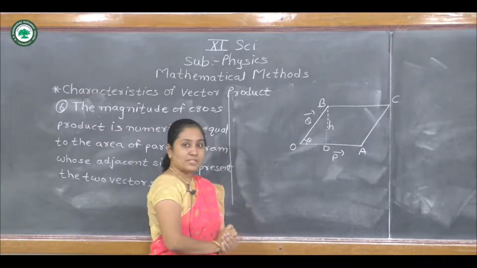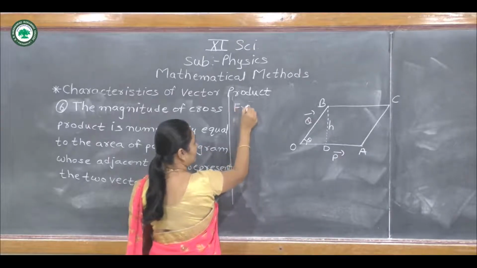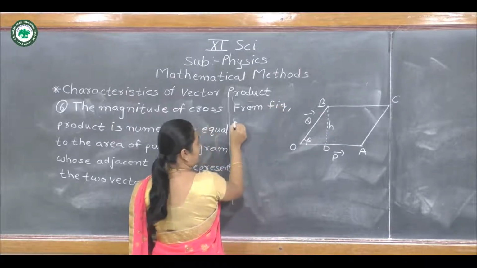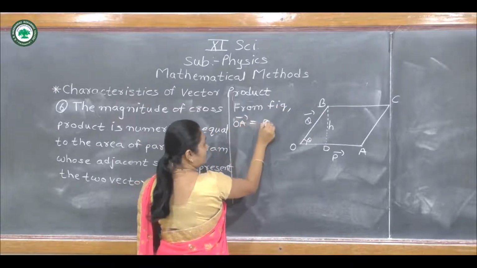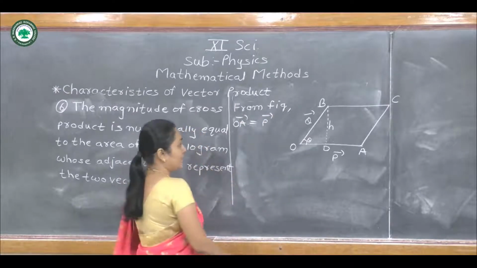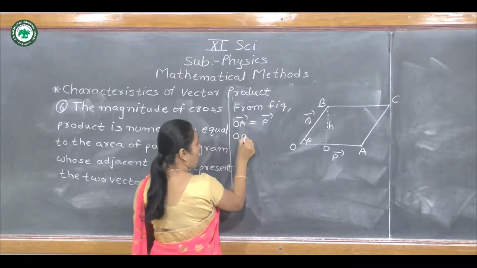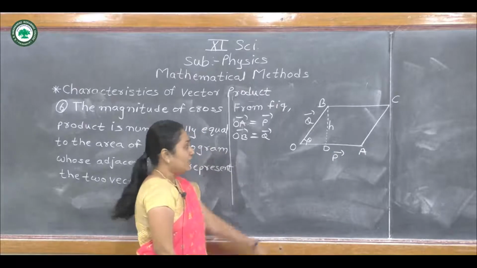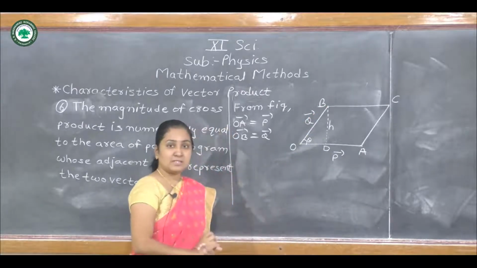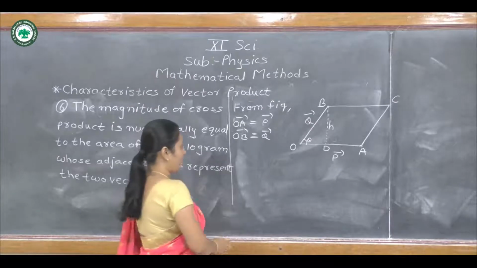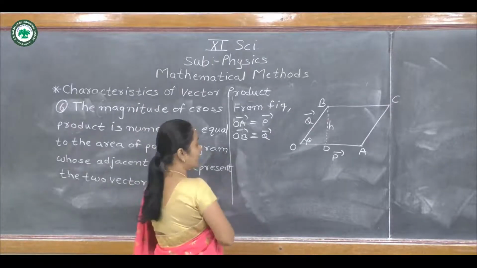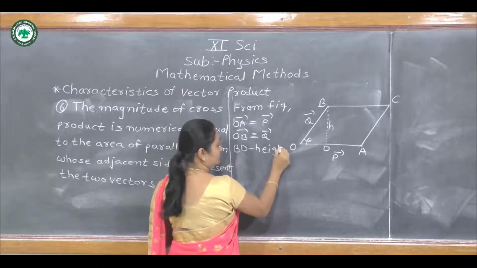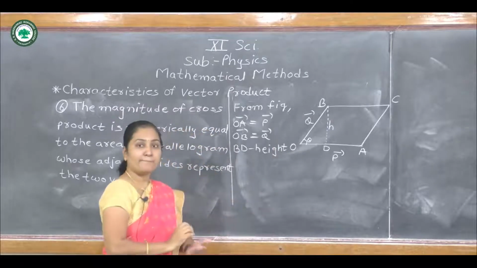So from figure, vector OA is P bar, then vector OB is Q bar, then BD is the height of parallelogram.